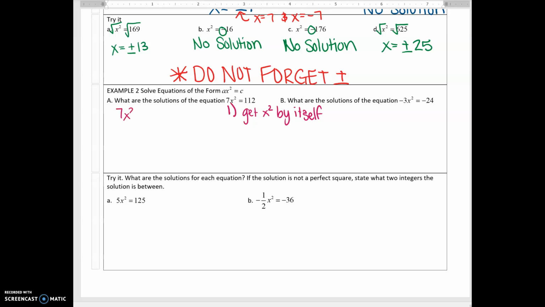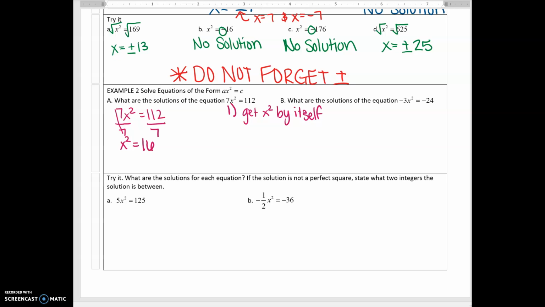So we have 7 times x squared equals 112. So the first step is going to be getting rid of this 7. Right now it's multiplying to x squared, so we're going to divide. And so then those go because they equal 1 now. And 112 divided by 7 is 16.